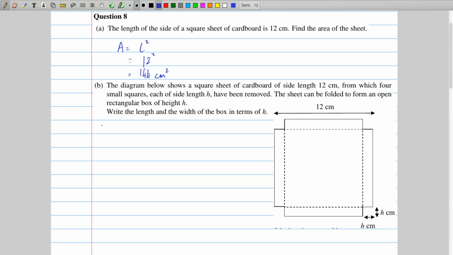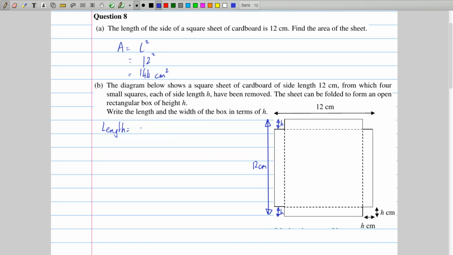So let's say we take the length first. Let's say the length is the vertical one. So this is the length, and that's 12 centimeters. But it's missing a little bit here of size h, and it's missing a little bit down at the bottom here that also has size h.